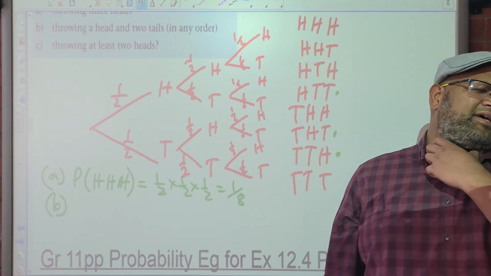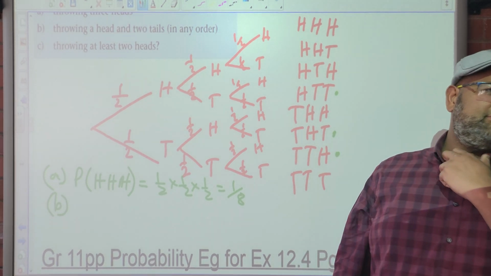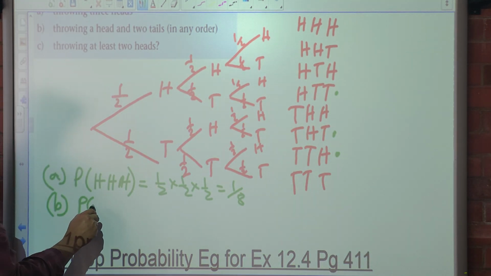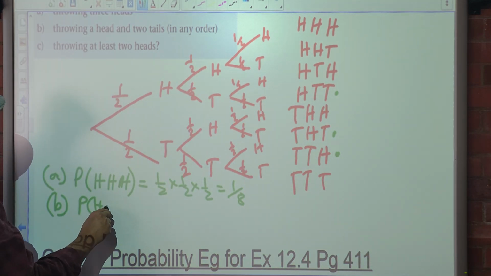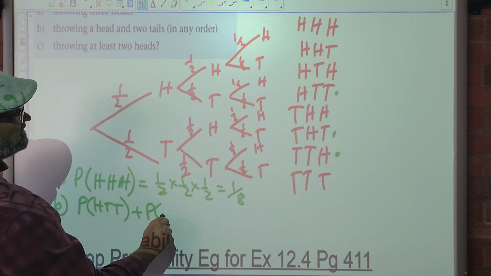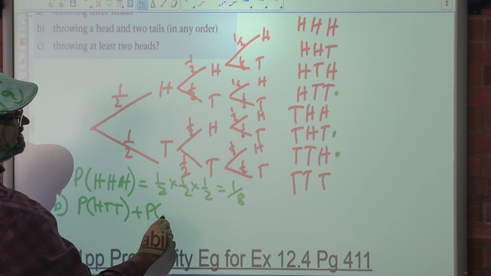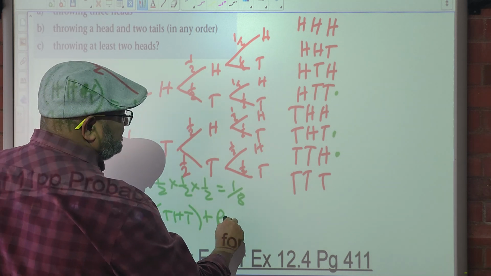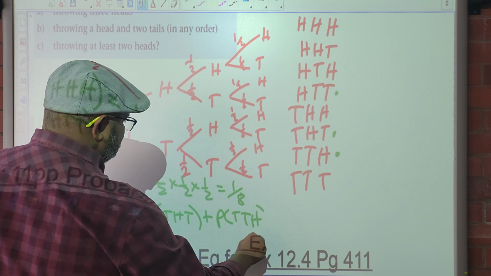Now let's say we didn't know that. So it could be the probability of heads, tails, tails, plus the probability of tails, heads, tails, plus the probability of tails, tails, heads.